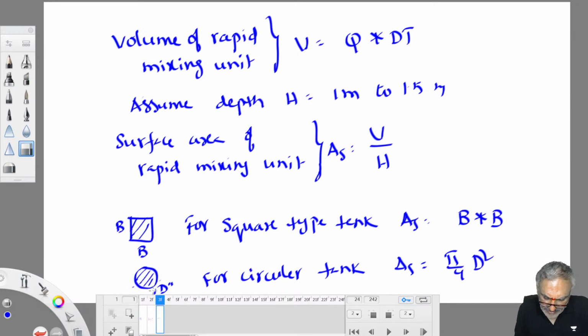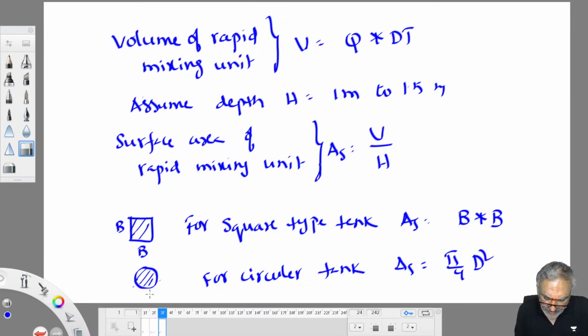Understood? This dimension is taken as d. That's all, nothing more is there in this design.